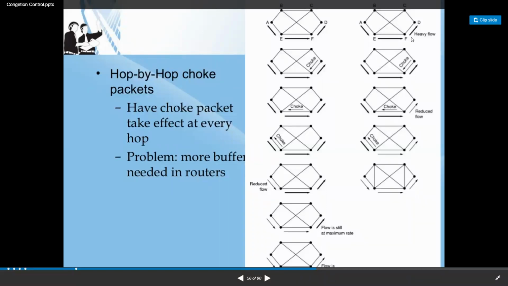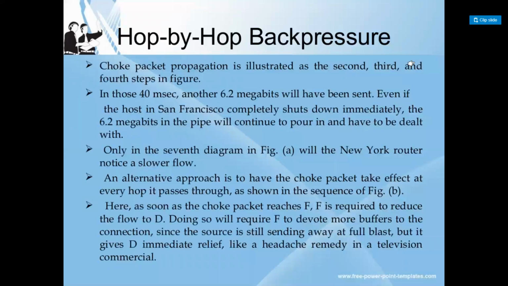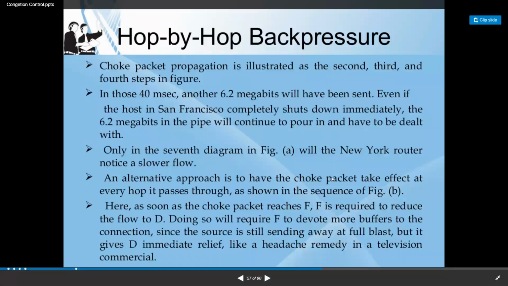In the second figure, the choke packet takes effect at every hop it passes through. Here, as soon as the choke packet is received, F is required to reduce the flow at D. Doing so will require F to devote more buffers. That is what I am saying.